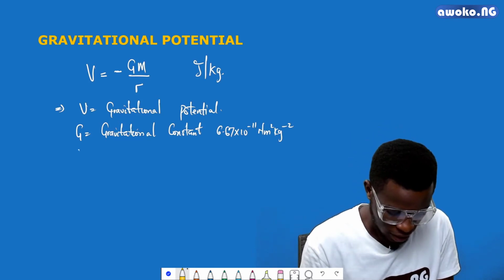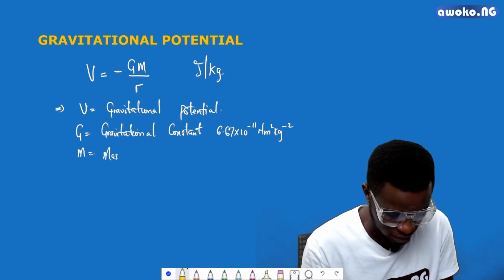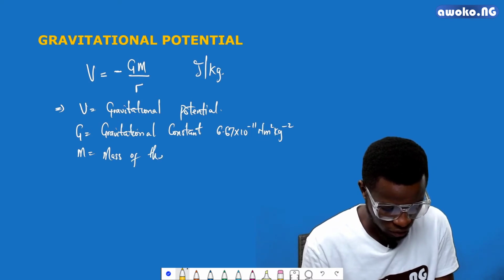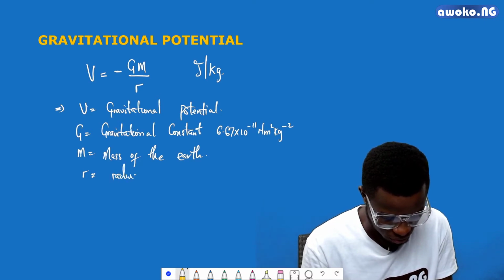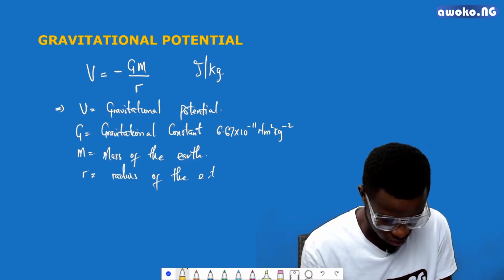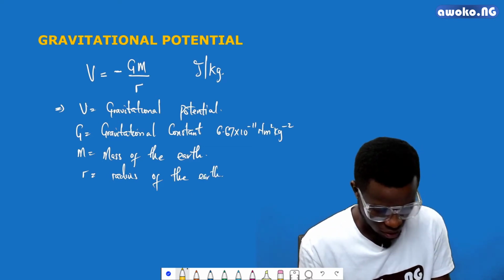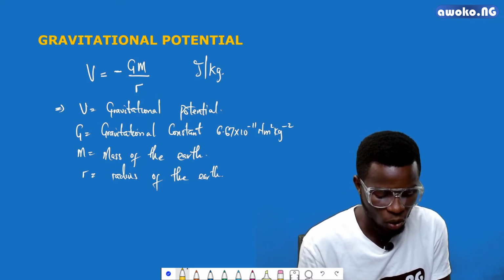M is the mass of the Earth, and R is the radius of the Earth.